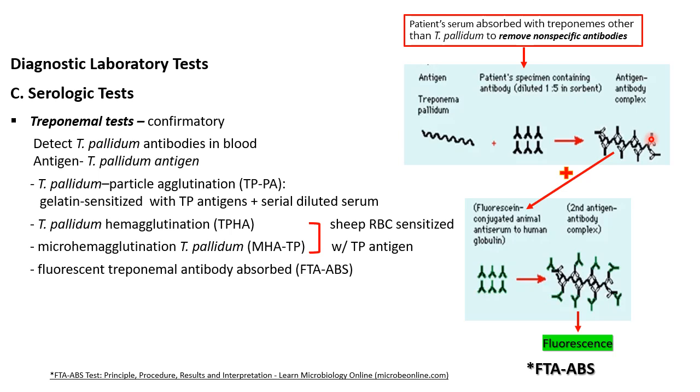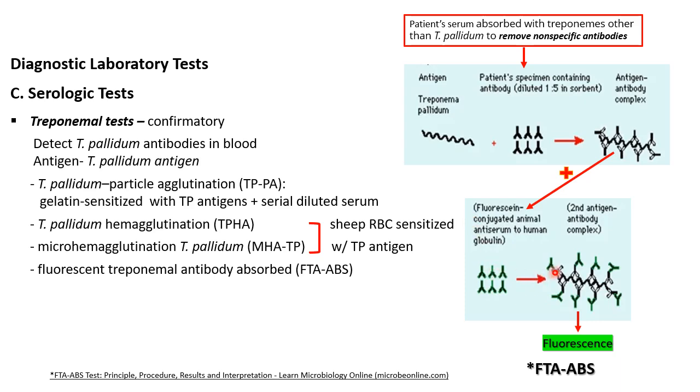And that is why an additional step is done wherein anti-human immunoglobulin, or antibodies produced in an animal that would be directed against the human antibodies, are made to react with the antigen-antibody complex formed. But this antibody, the second antibody, is conjugated with a fluorescent dye, like fluorescein.